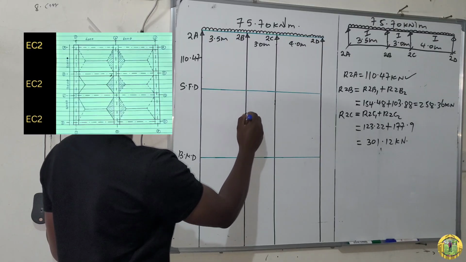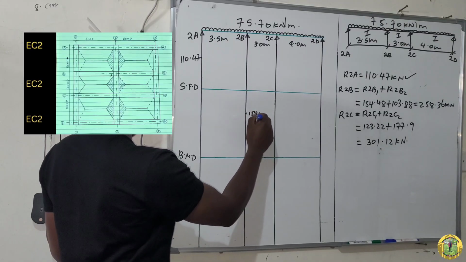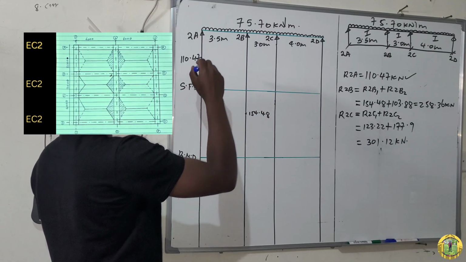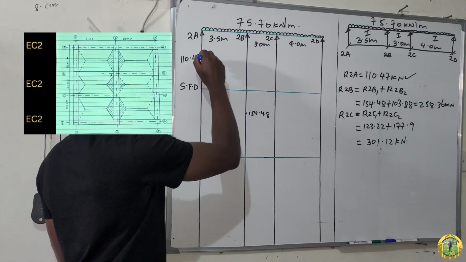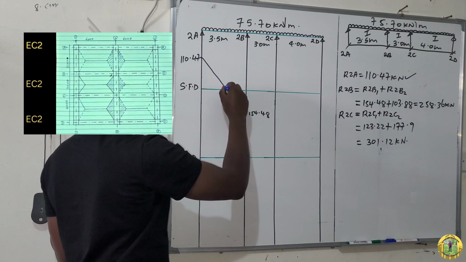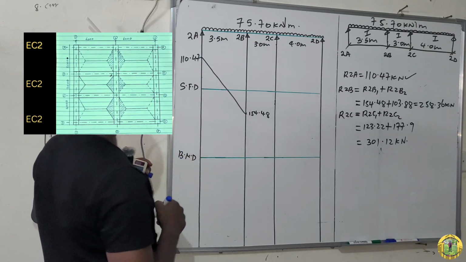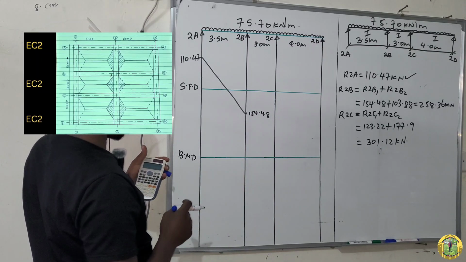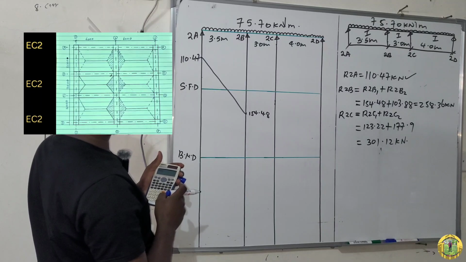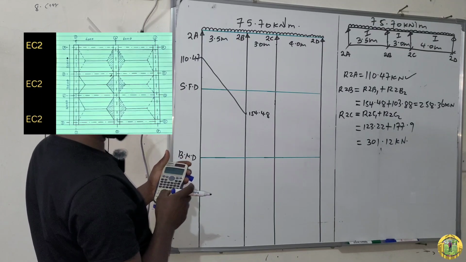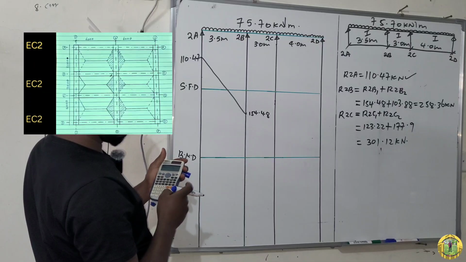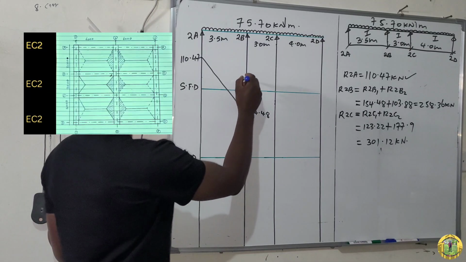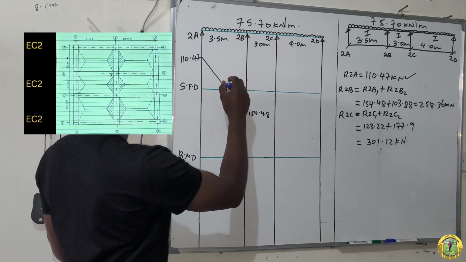So we approximate like there, 154.48. And for the UDL, it is an inclined line, like that. Then take this negative 154.48 plus reaction at B, which is 258.36. You'll get 103.88. Approximate like there.